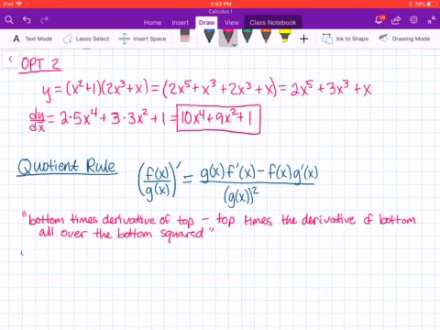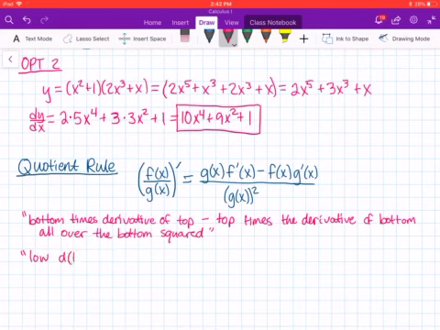And some people like to memorize it as high, and then d low. So the derivative of the lower function minus, it's the opposite way. I did the same exact mistake here. Okay. Low.